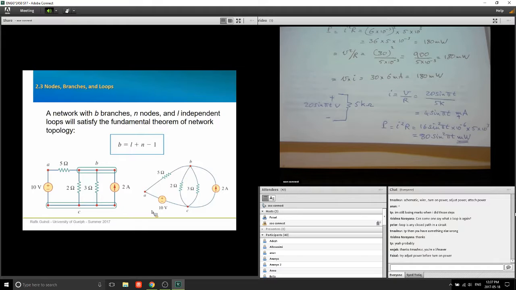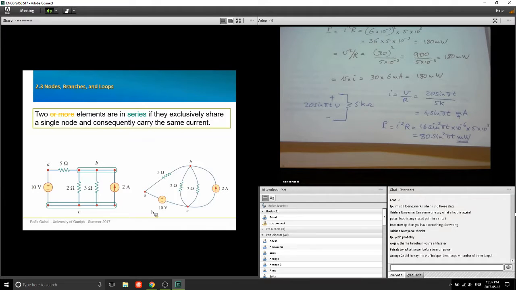And then B is this node, but we can group them all into one node, and same for C. So what is the number of branches B? B is equal to L, we counted 3 independent loops, plus N, we counted 3 nodes, that's 6, minus 1, so that's 5. So do I have 5 branches in the circuit? Yes, I do. So this is just a network theorem that lets me know that I counted my branches right, my nodes right, and my loops right.